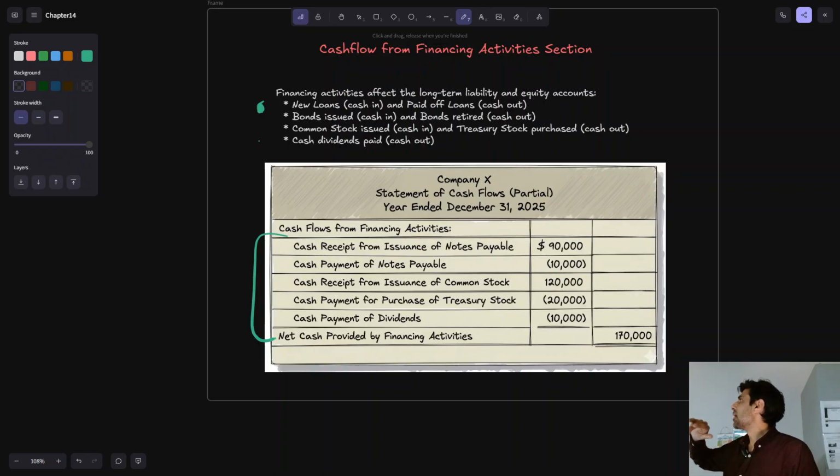And you just have to separate the issuances and the paying off, and make sure you're separating it, because you may have, like in this instance, your starting balance of long-term notes payable.